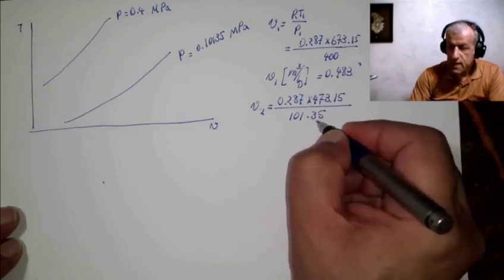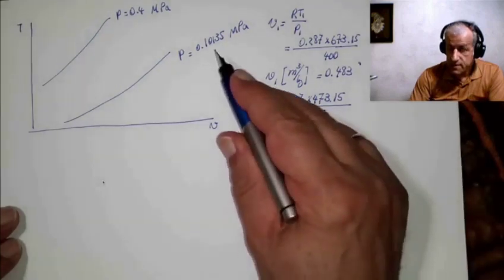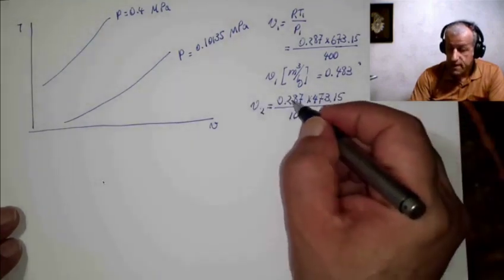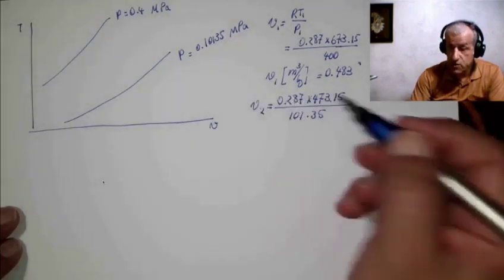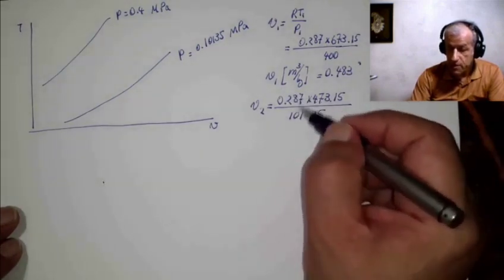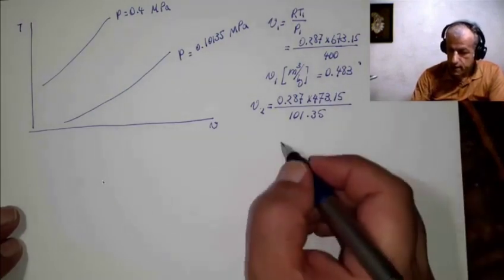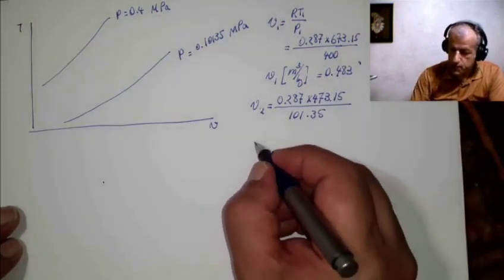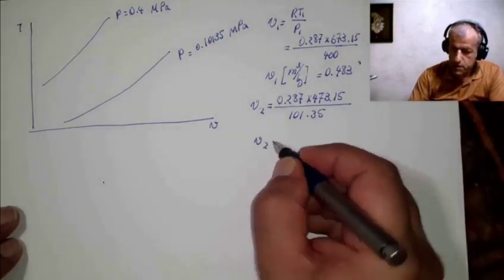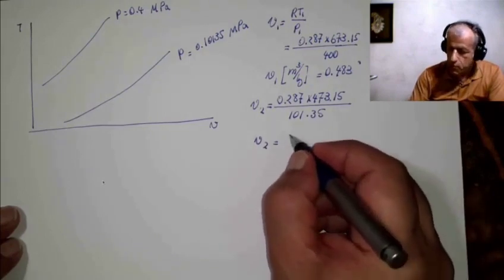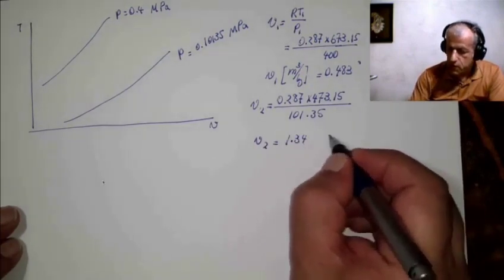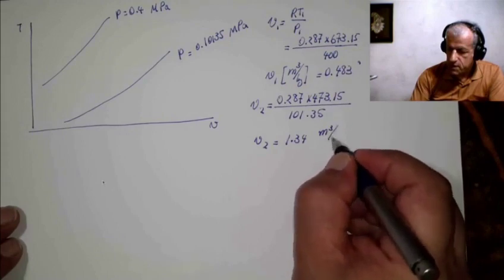You see, this is kilopascals, this is megapascals, and this is kilojoules per kilogram. So our dimensions match. V2 would be 1.34 cubic meters per kilogram.